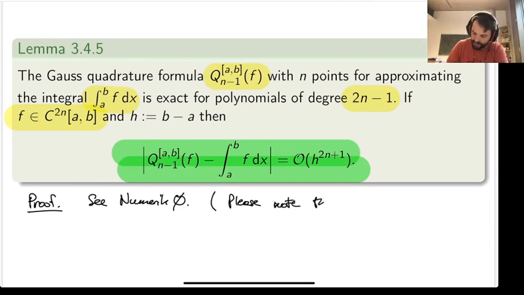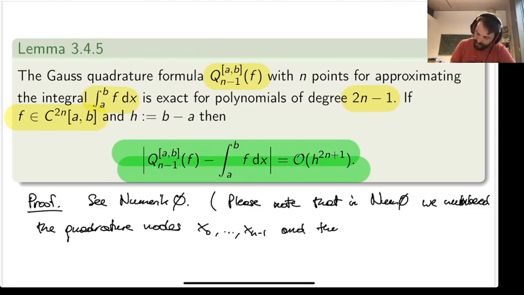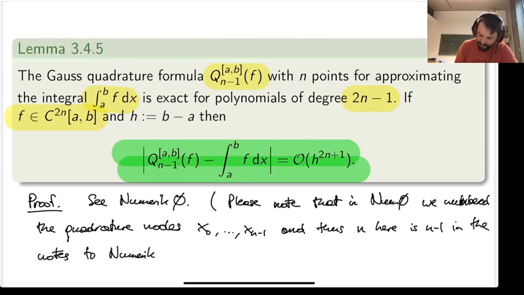Please note that in Numeric 0 we numbered the quadrature nodes starting with 0, x_0 up to x_{n-1} for Q_{n-1}, and thus n here is n minus 1 in the notes to Numeric 0, which is a little bit confusing.